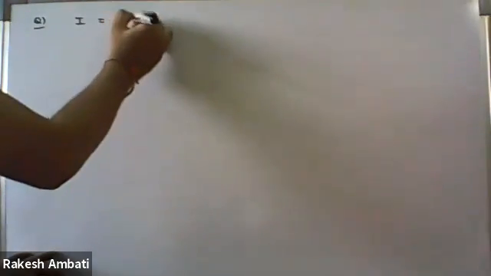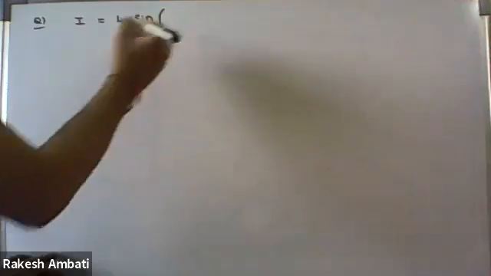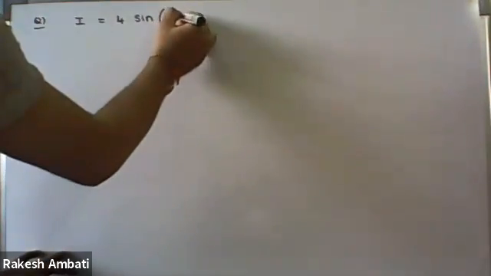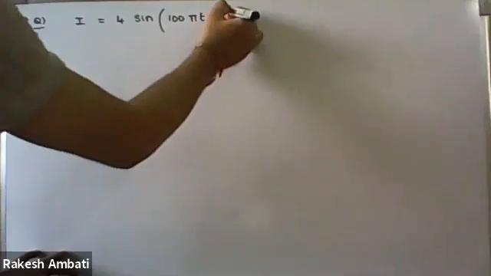Write down the question. Current I equals 4 sine of (100 pi t plus pi by 3).